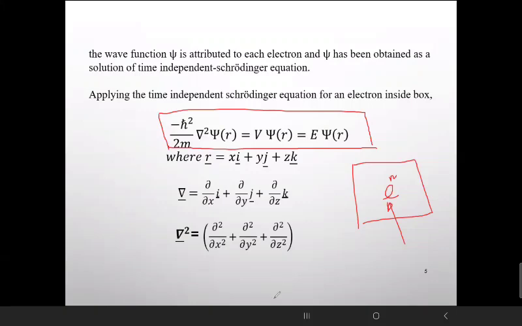There are two types of Schrodinger equation, the one-dimensional and the three-dimensional Schrodinger equation. Here we are considering the three-dimensional box.